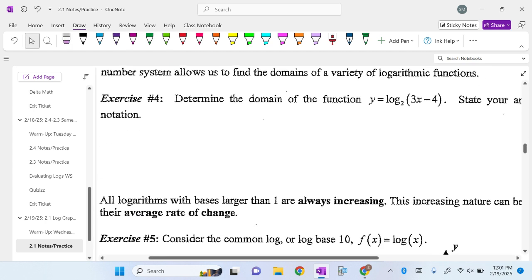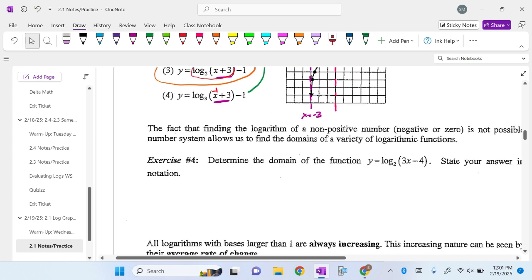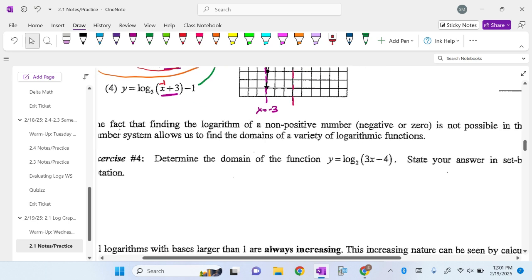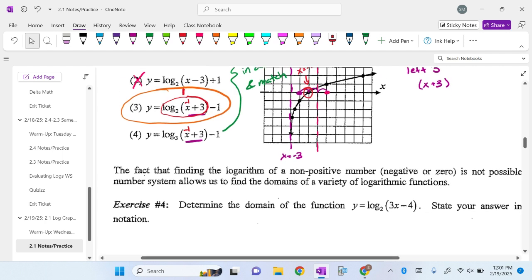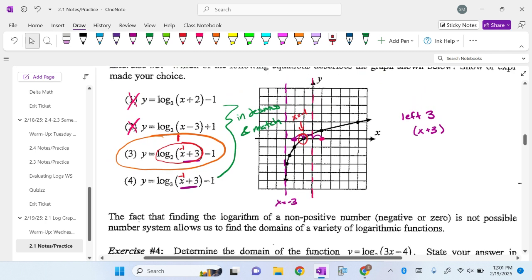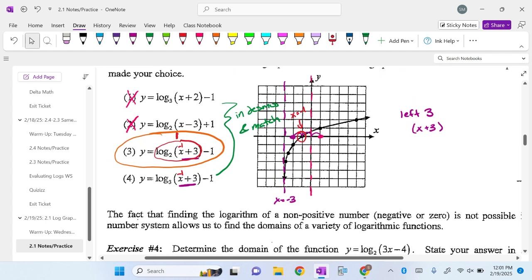All right. But there is a way that we can figure out the domain or the vertical asymptote of any logarithmic function. Can anyone guess what that is? So for example, if we look up here, our vertical asymptote was at x equals -3.